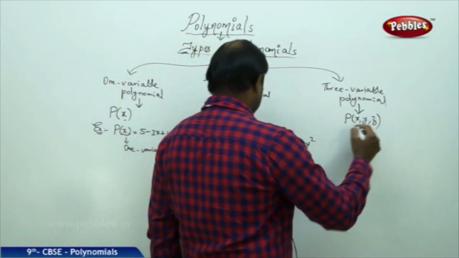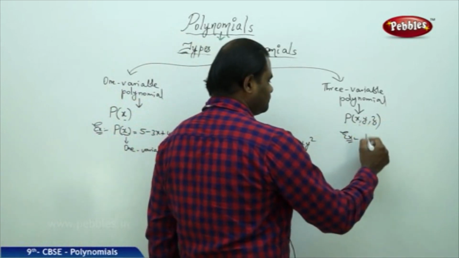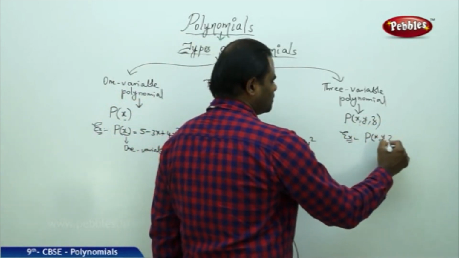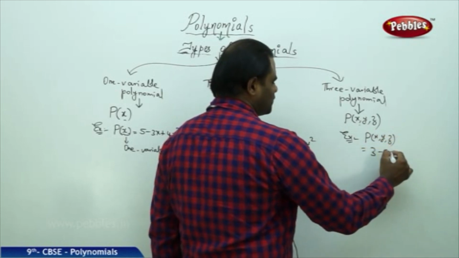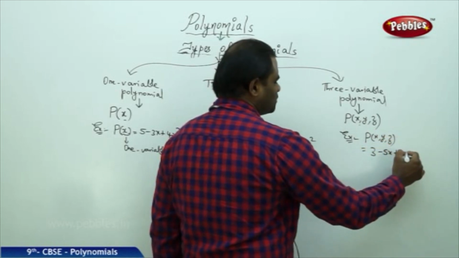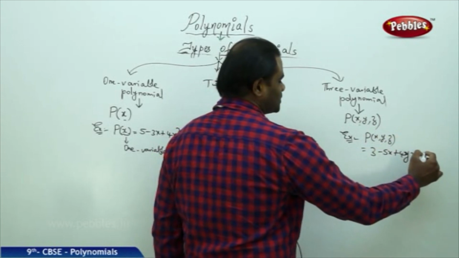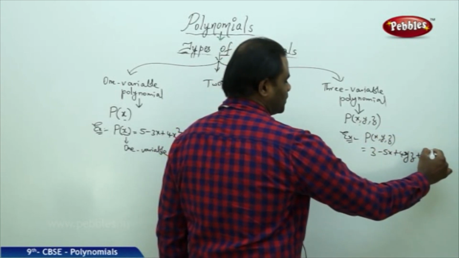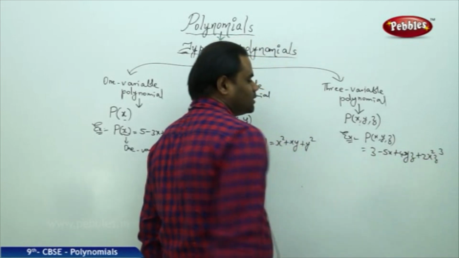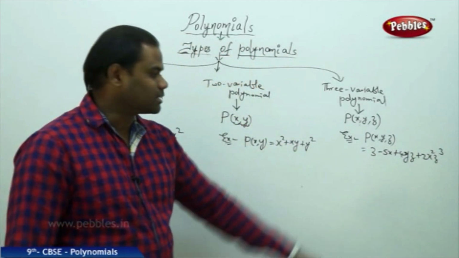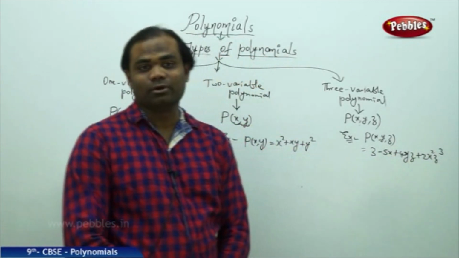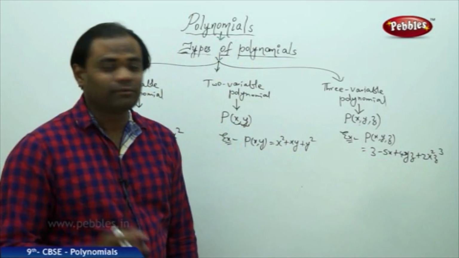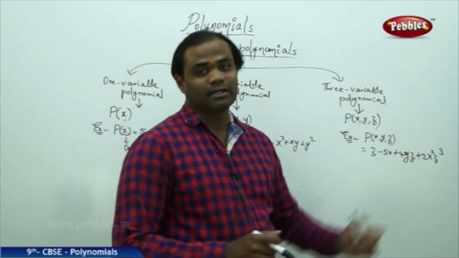And for example, if I take a polynomial to be 3 minus 5x plus 4yz plus 2x square z cube, then I say this is an example of a three variable polynomial because it has three variables x, y and z.